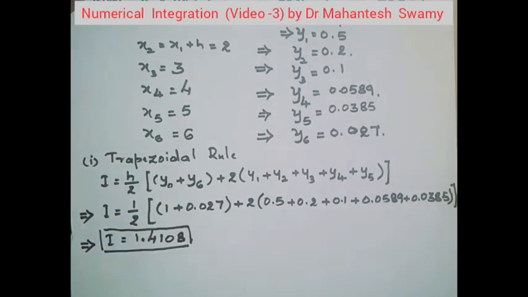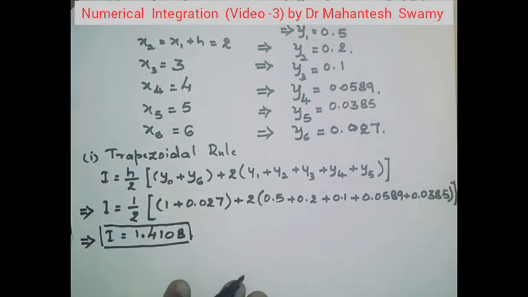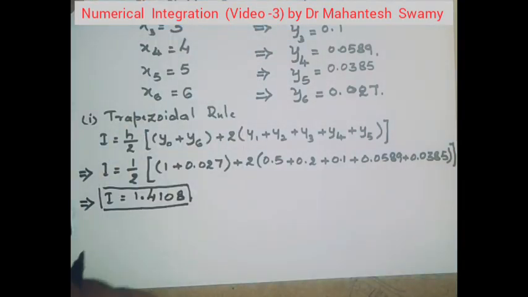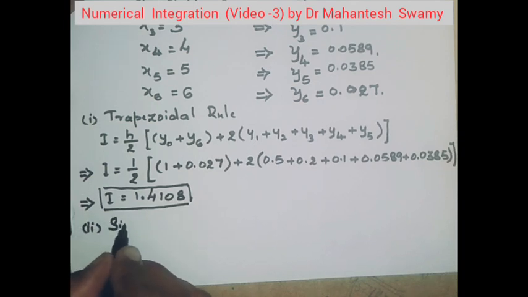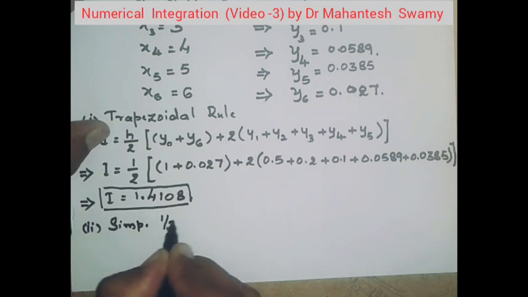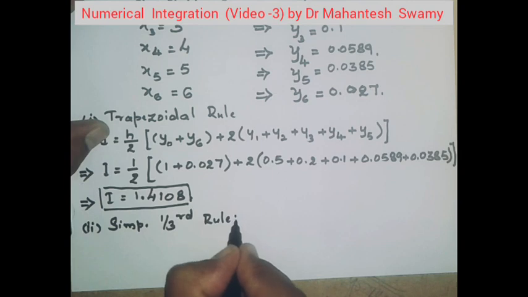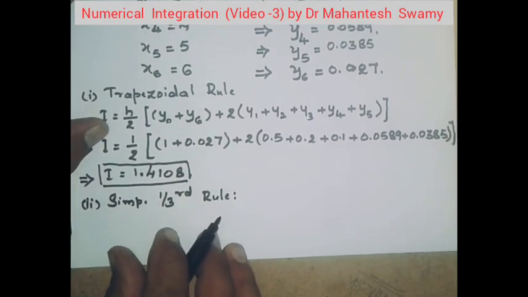So this is the first answer, that is the value of the given definite integral computed as per the trapezoidal rule. Now the question is to find the value of the same definite integral using Simpson's 1/3 rule. In the second step, we shall use Simpson's 1/3 rule. So what is Simpson's 1/3 rule?